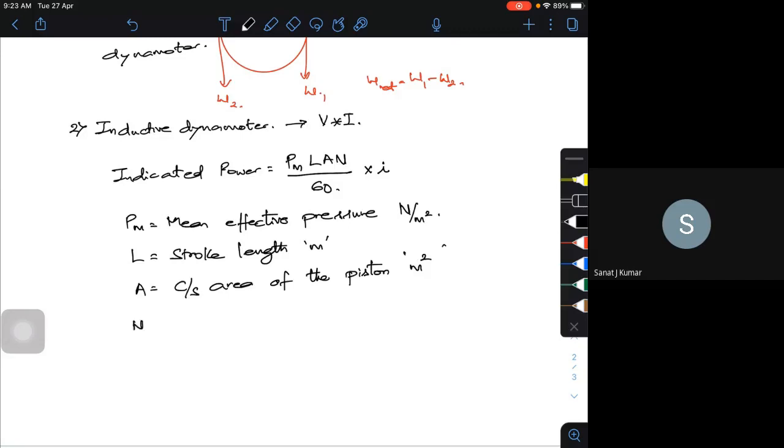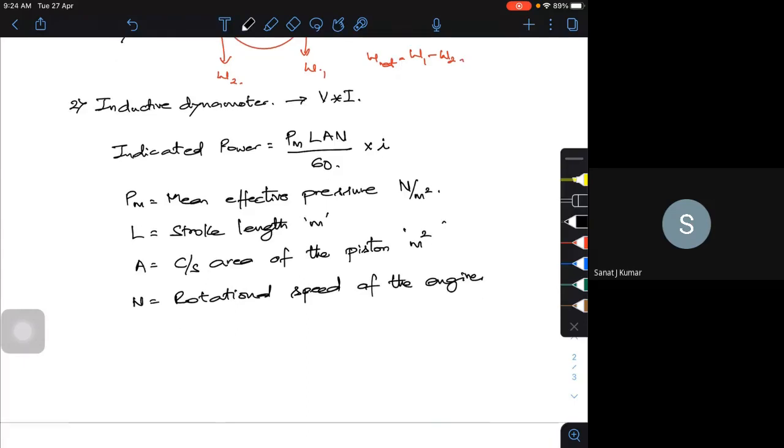Then N is the rotational speed of the engine. For a 4-stroke engine, if I call this a small n, this n is what you are trying to measure using a speedometer.